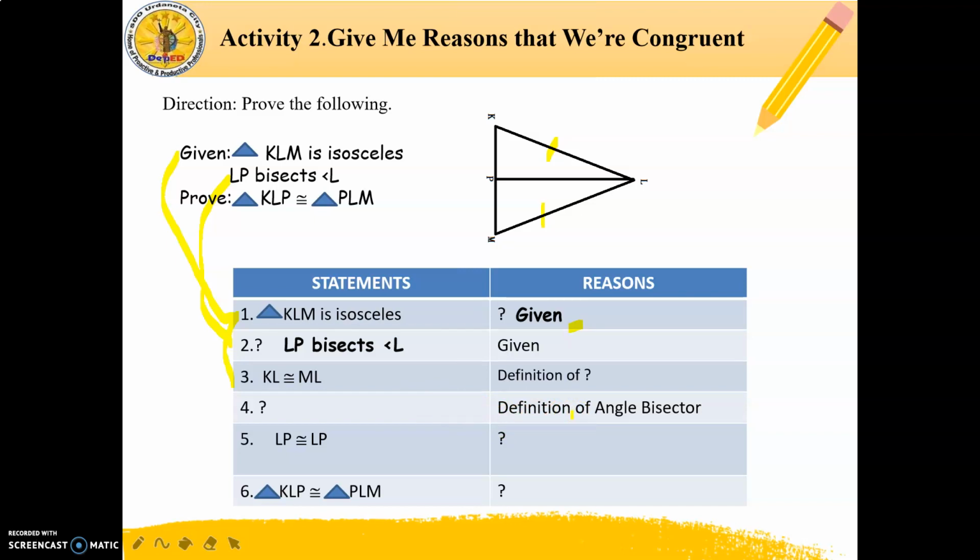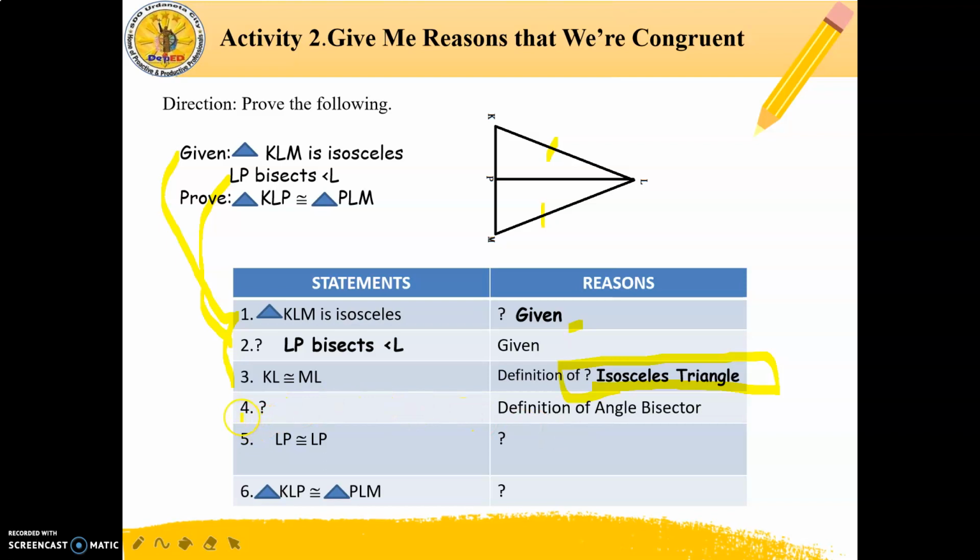And those sides are KL and ML. Therefore, KL is congruent to ML according to the definition of isosceles triangle. Because an isosceles triangle is defined as a triangle having at least two congruent sides.